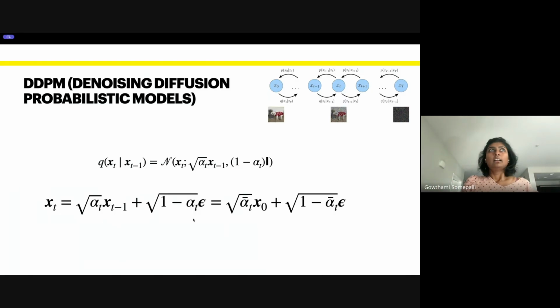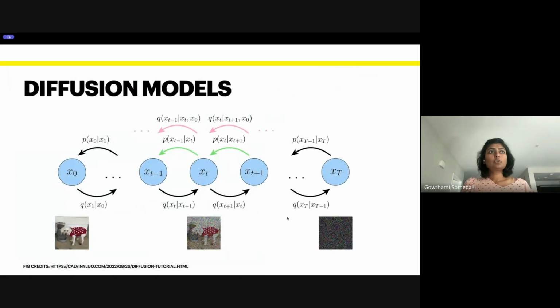All right, so now let's go back to this figure. In this DDPM paper, the authors have analytically defined what the forward process is going to be. That means we don't have to use a neural network to go from image to noise. And then what about P of xt minus 1 given xt? What does this mean?